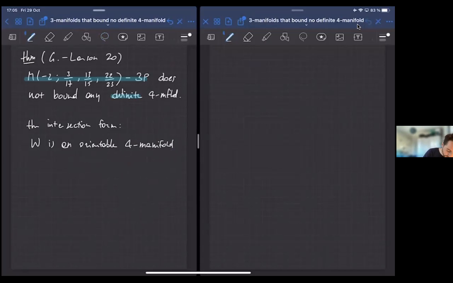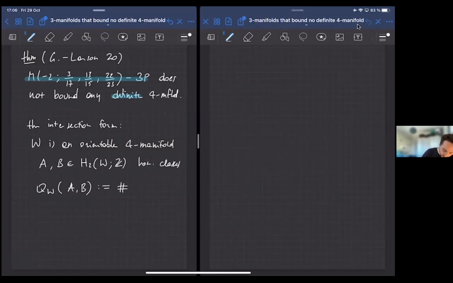Then I can take two homology classes and I can define their intersection product, which is the number of intersections between any two transverse representatives of A and B. So where A is the homology class of F, B is the homology class of G, F and G intersect transversely.